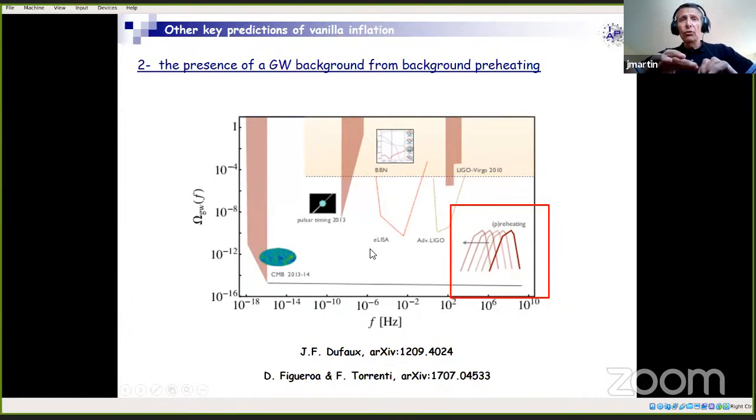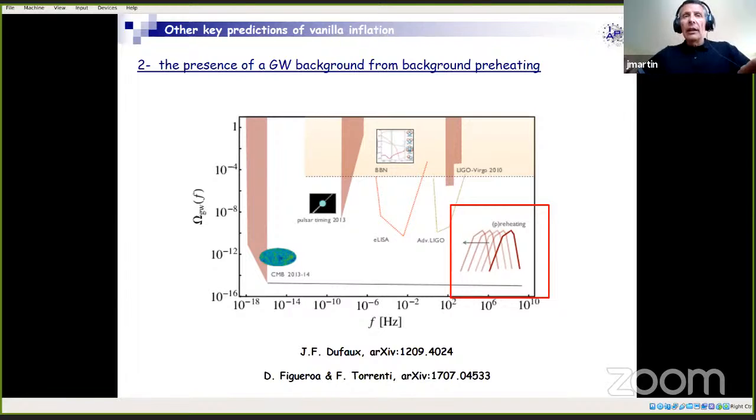So let me just mention that these gravitational waves are second-order gravitational waves, contrary to the previous ones. Namely, during preheating, you have non-perturbative effects, so you have a large growth of the scalar perturbation, and the scalar perturbation can source gravity waves, and these are those gravity waves that we could observe here.